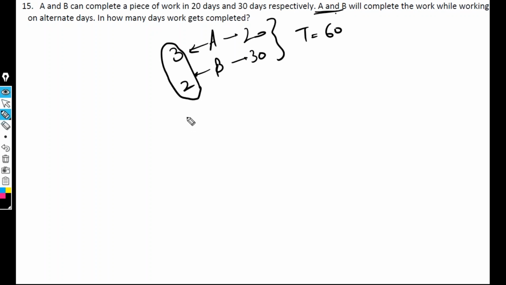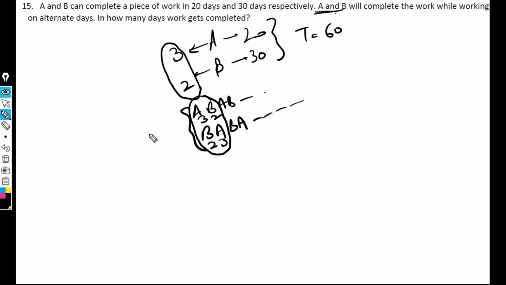So the pattern can be AB, AB, or it can be BA, BA. In these kinds of cases, we need to observe one part, whether I am getting a different answer or the same. As we have discussed in the previous class as well, on day 1 A will do 3, on day 2 B will do 2, or here it is 2 and 3.